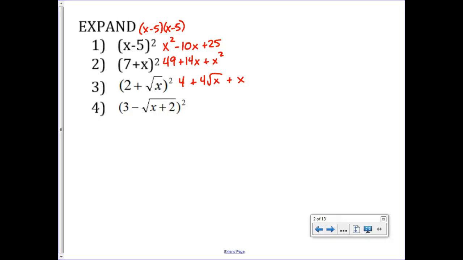And then this last one, I'm going to square the first, and then I'm going to go ahead and multiply this out for those of you following along with me, so you can see what's happening here. I'm going to write it out.